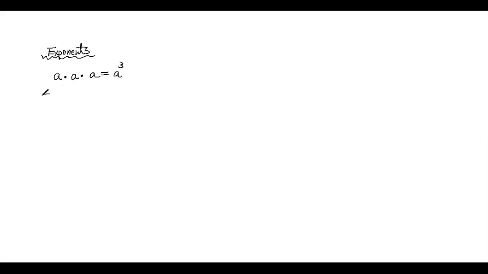So in general, if you have A times A times A and you multiply this N times, then this is A to the nth power.